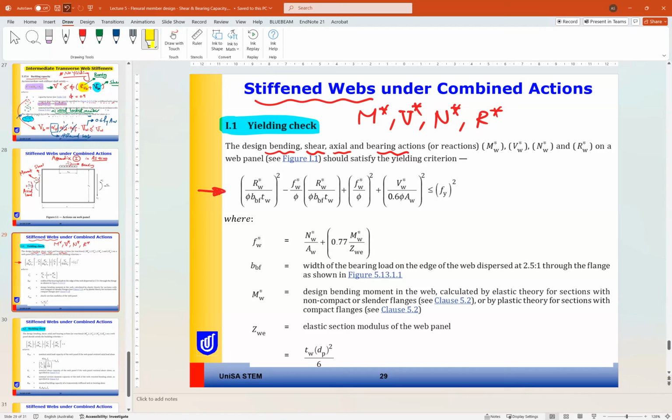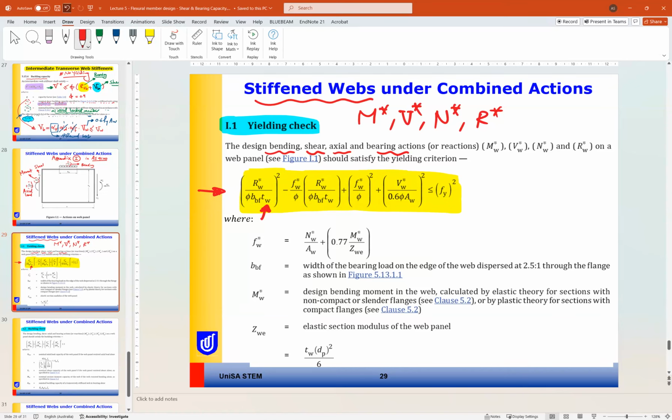This formula is for the yielding check. As you can see, we have bearing, the reaction over 5VB, 5BBF, TW, and so on. It is a little bit complicated one.